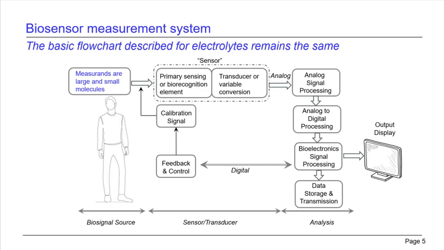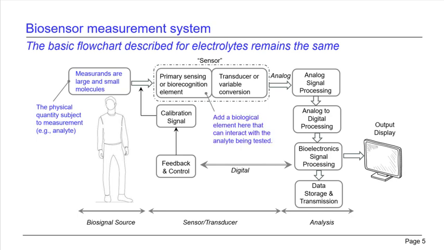We return to the biosensor measurement diagram to illustrate the change needed to measure our expanded set of analytes. Recalling that our focus is often on analyte measurands, the difference now is that the larger molecular weight and uncharged state of the measurand change the process. And while it might be easier said than done, the big change we need to make is in adding a biologic recognition element that can interact with the analyte being measured.